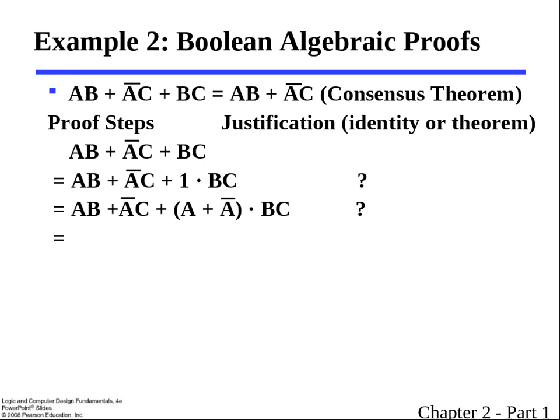Okay. Now what do we do? Well, we have a not AC here and a not AC there, and then we have 2 ABs right here. Let's first pull out the AB.